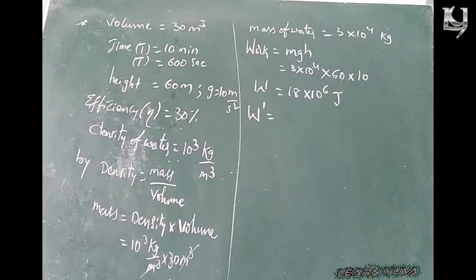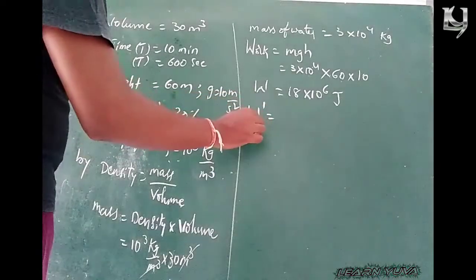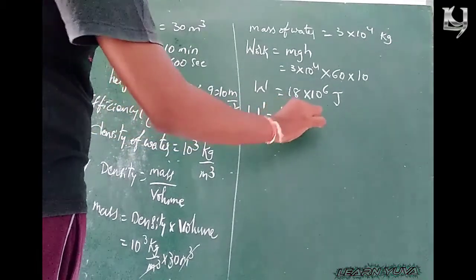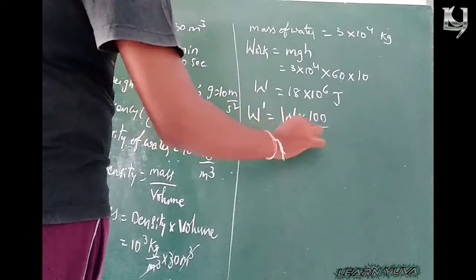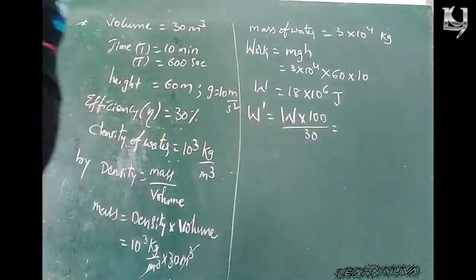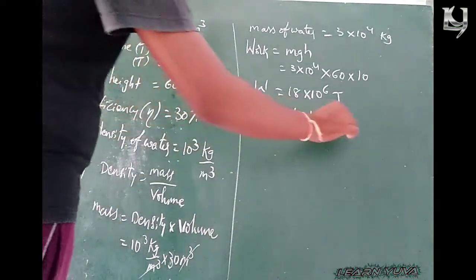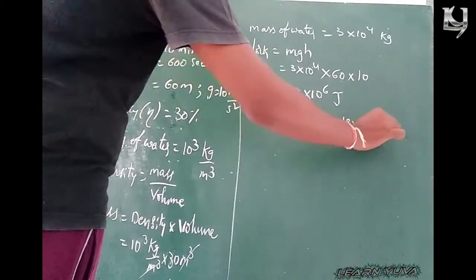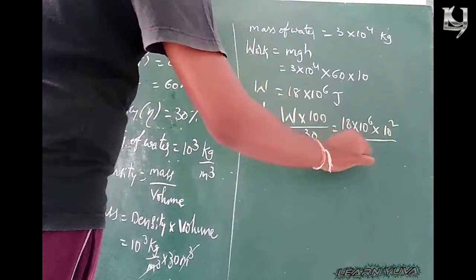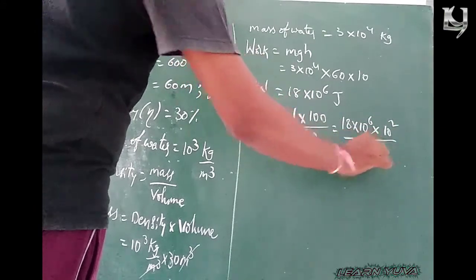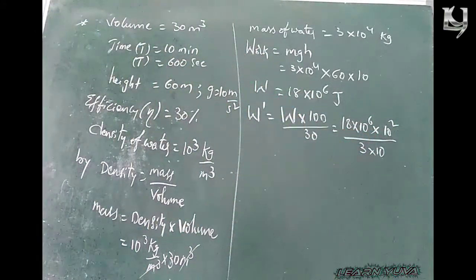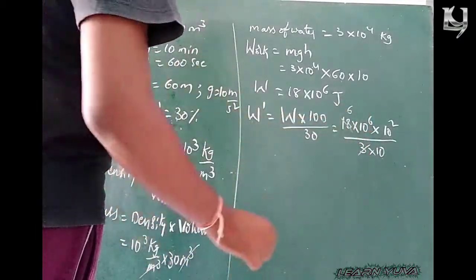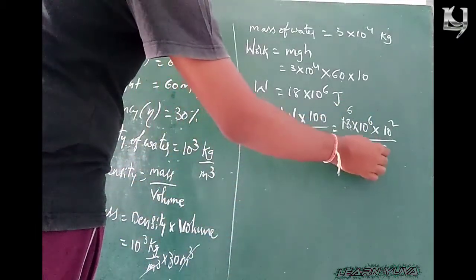So for the efficiency of 30%, W dash is the actual work done into 100 by 30. So that is equal to the actual work done, 18 into 10 power 6 into 100, I am writing as 10 power 2, by 30, I am writing as 3 into 10. Clear? So 3 ones, 3 6, and here it is 10 power plus 1.